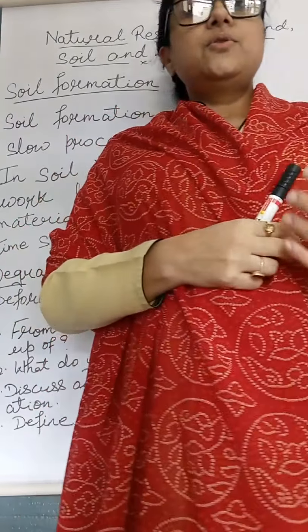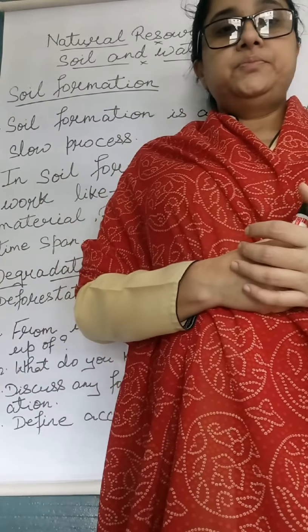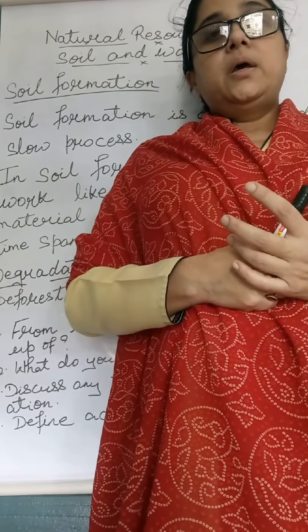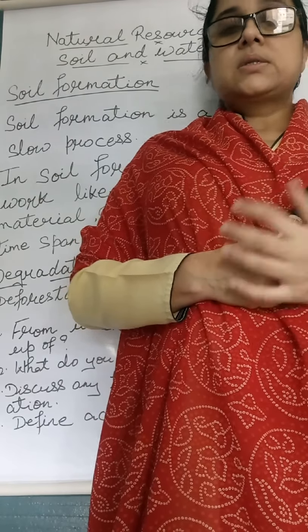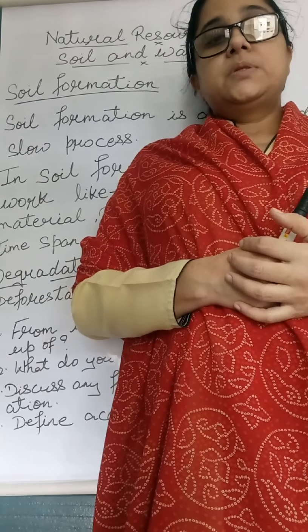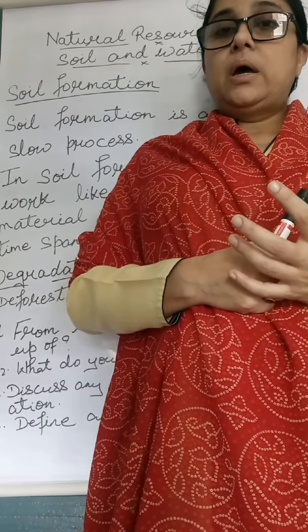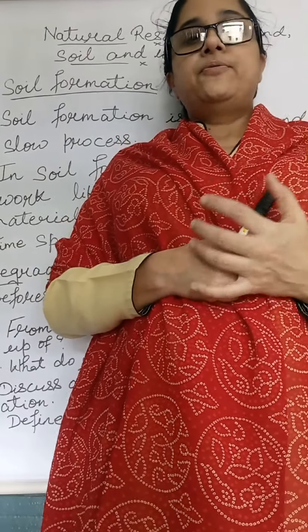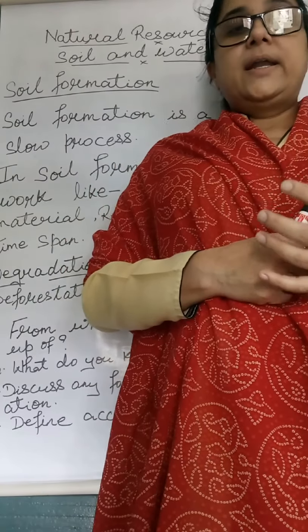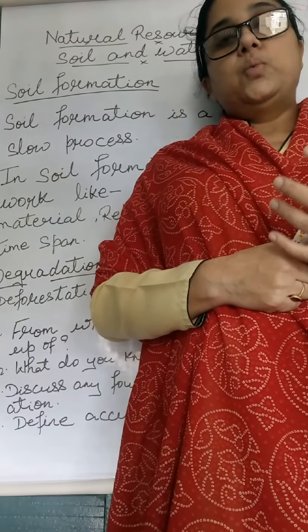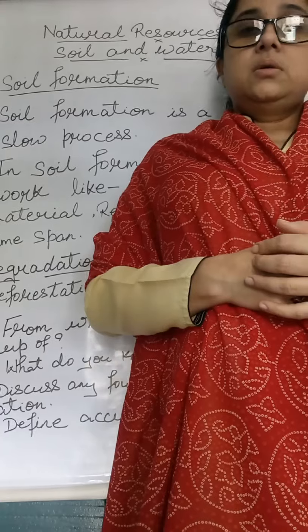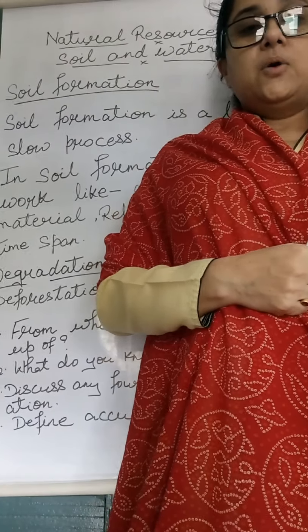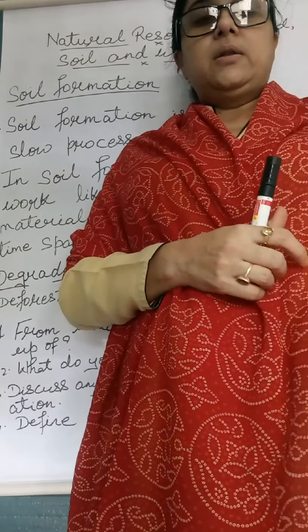In the previous video I explained to you about soil. Soil is the upper layer of the earth's crust that develops by weathering and erosion. Soil is made up of minerals, organic matter and weathered rocks. Then I explained to you about the soil profile.